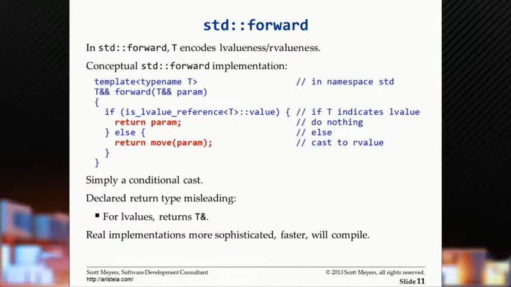Technically, purely technically, it is an R-value reference which, combined with the encoding information on what was deduced, combined with reference collapsing, magically ends up with a giant crater out of which emerges an L-value reference. But I find it vastly easier to understand by saying, don't read that as an R-value reference, read that as a universal reference. I think it will make your life easier. That's a different item in the book, which you could pre-order if I only would write the darn thing.